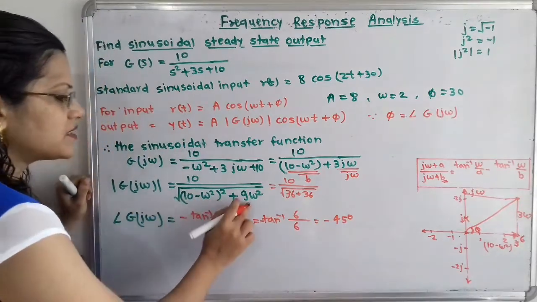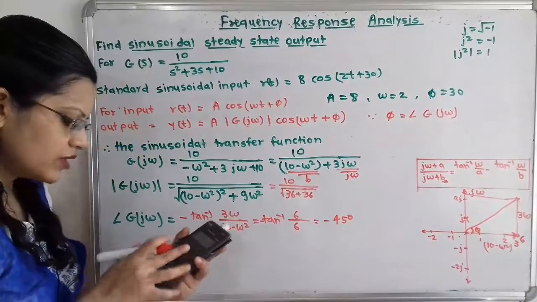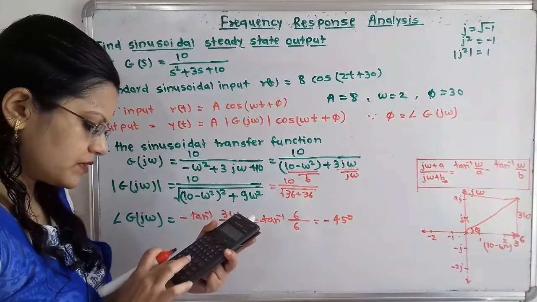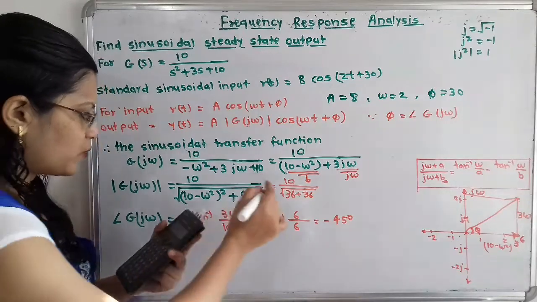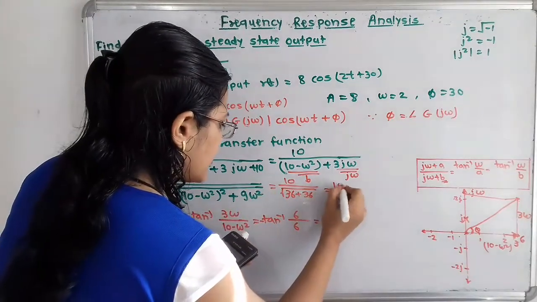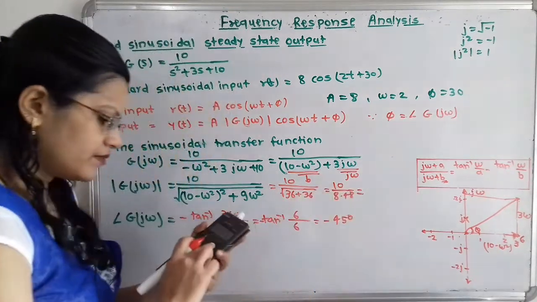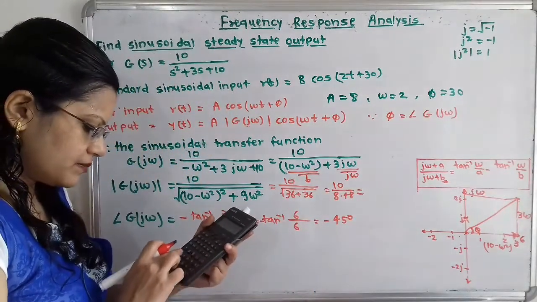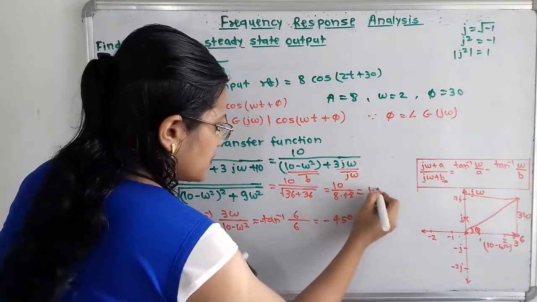So the square root of 36 plus 36 is 8.48. So 10 divided by 8.48 is 1.17.